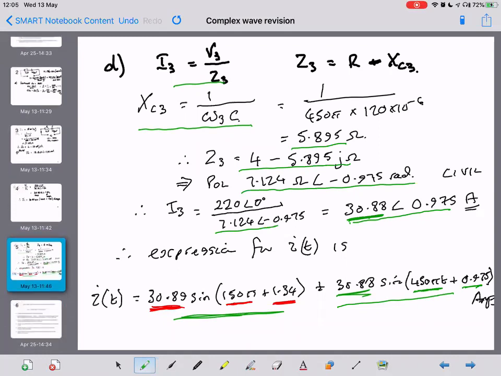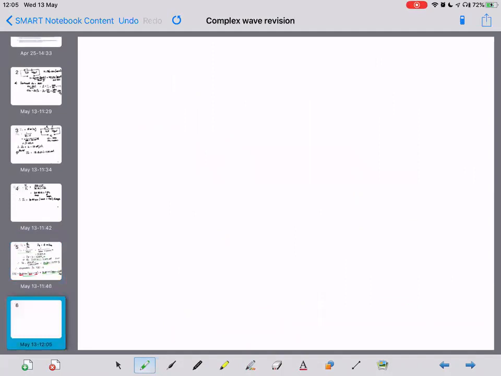Right. Next bit is part E, which is probably looking at resonance. Show that resonance with a third harmonic will occur if an inductor of 4.17 millihenries is connected in series with the capacitor and the resistor.